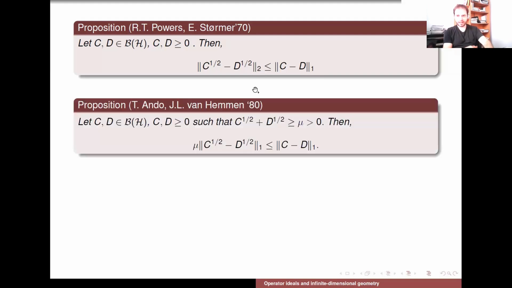We have another result by Ando and Van Hemmen, where we can use the same ideal to compare the square roots. But now we have this hypothesis here that the sum of these square roots must be bounded below by some constant mu strictly greater than 0.